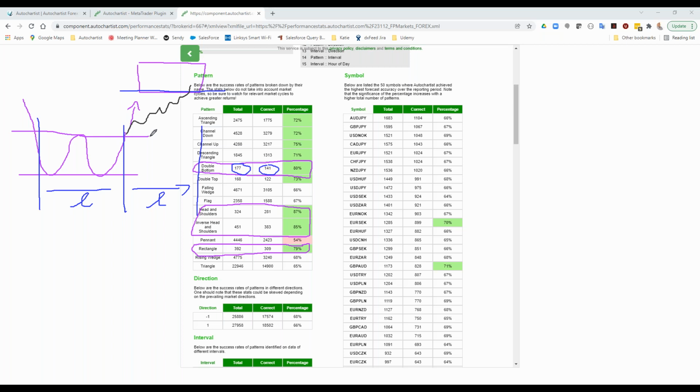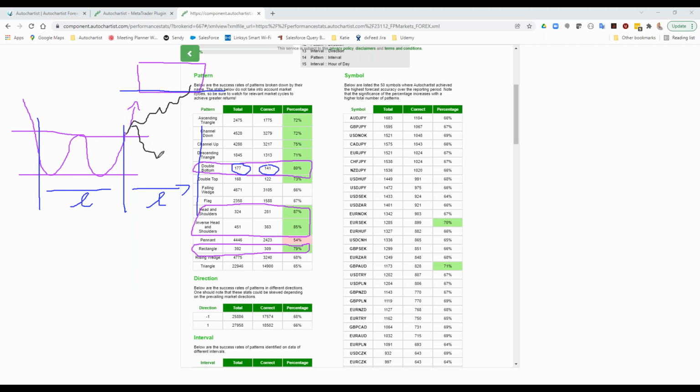And what we're looking for at AutoCharters, our objective, is not to give you a buy-sell trading system. Our objective is to scan the markets for trade setups and trade opportunities that you can trade using your own style. Okay, so we don't put in a stop loss. We just say, did the price hit this target region within one pattern length?